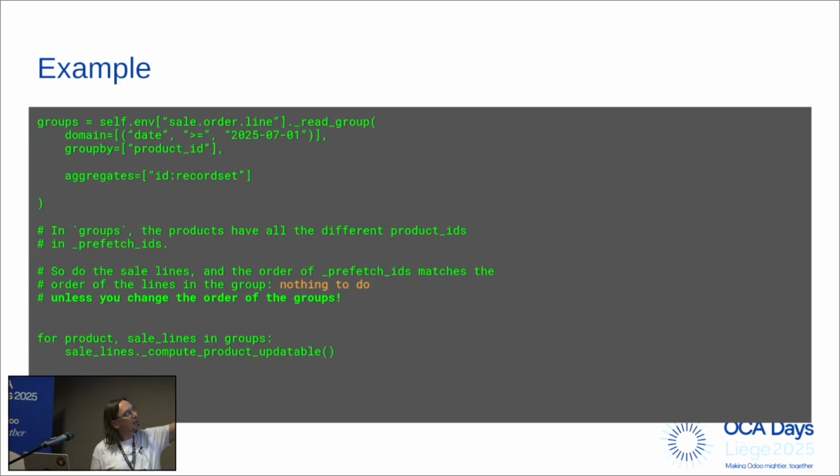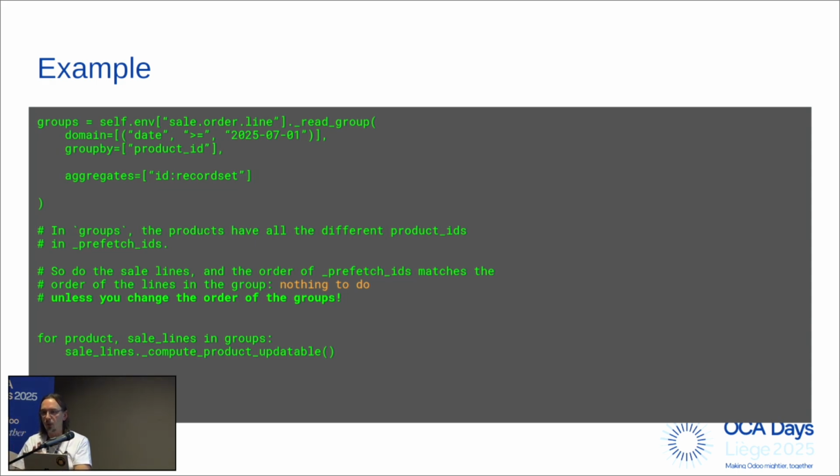Why? Because in 17 and 18, the products that I get in groups and the sale lines that I get in groups have a prefetch ID which is organized so that if I loop over it like this, it's going to load the data in the correct order.